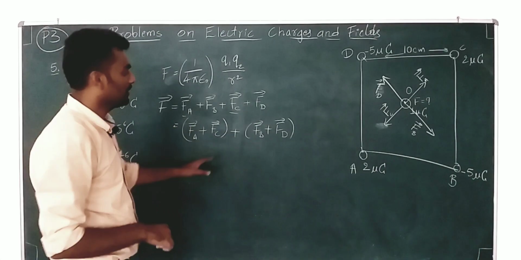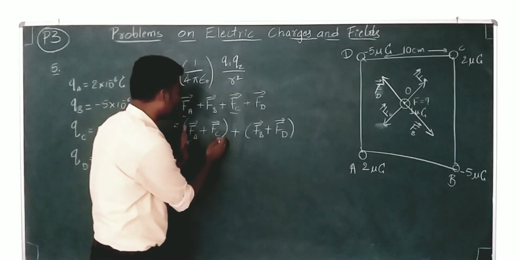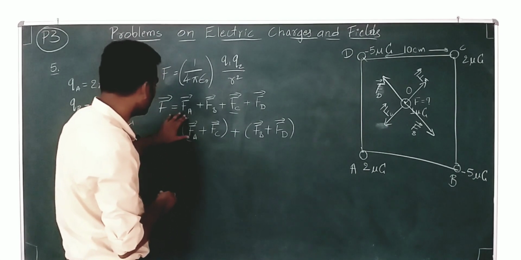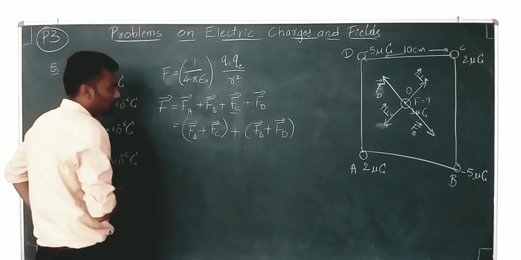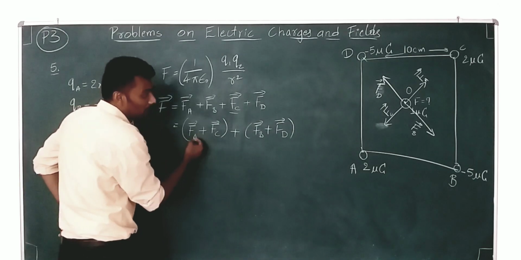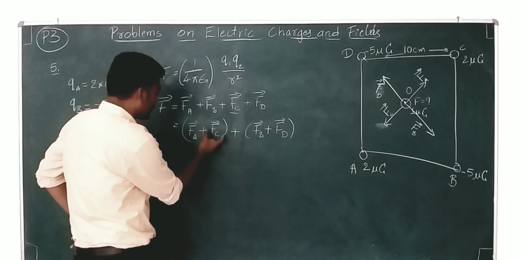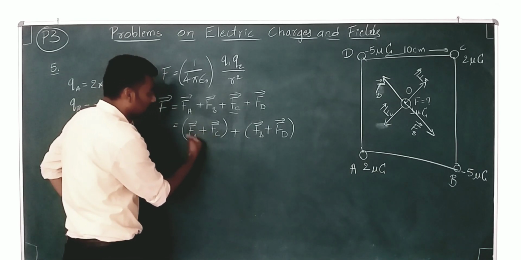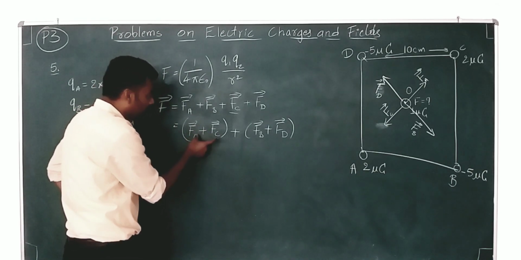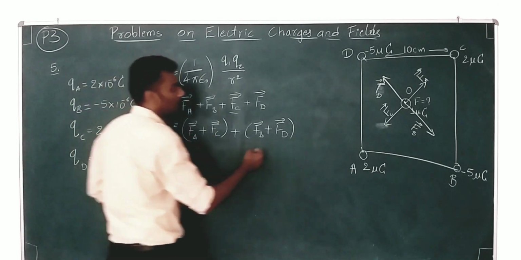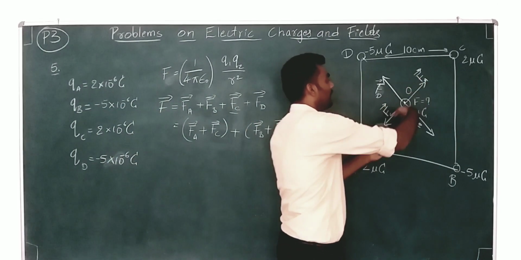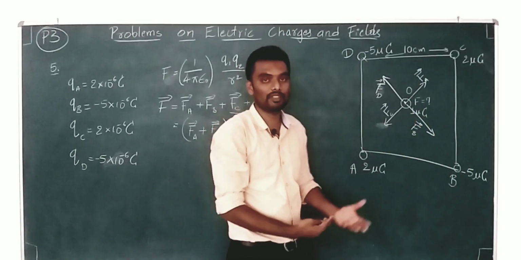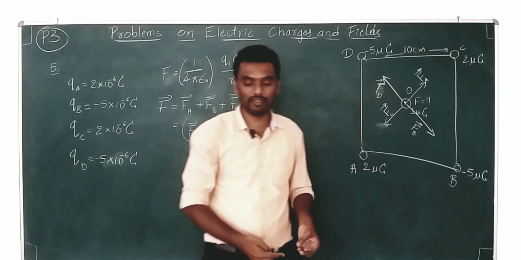I am writing this in this way so that the final answer can be easily obtainable, because now A and C are exactly opposite to each other. So the vector sum of them will be the difference between these two magnitudes. Following? Since A and C are opposite to each other, the vector sum of these two forces is actually the difference of them.